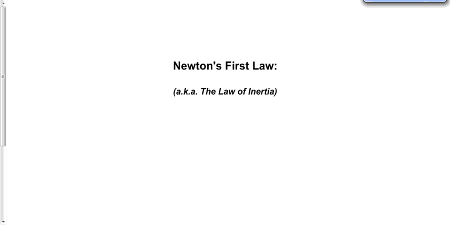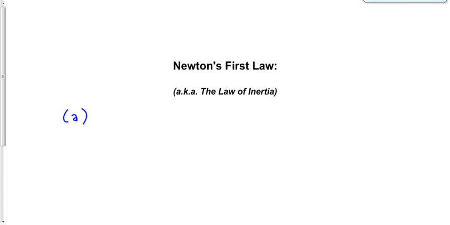Now, I want to summarize a few of the things that we've said here in one straightforward statement or one law. We call it Newton's first law, also known as the law of inertia. It can be phrased in two ways. We have to include both.